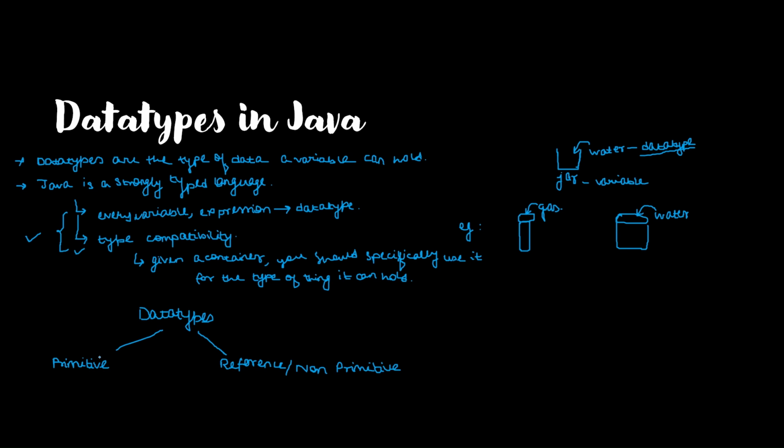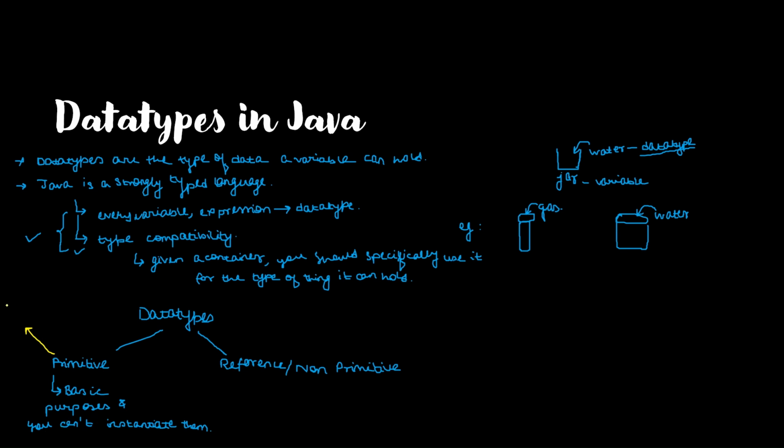Now, these primitive types are used for basic purposes, and you cannot instantiate them. So primitive data types cannot be instantiated.